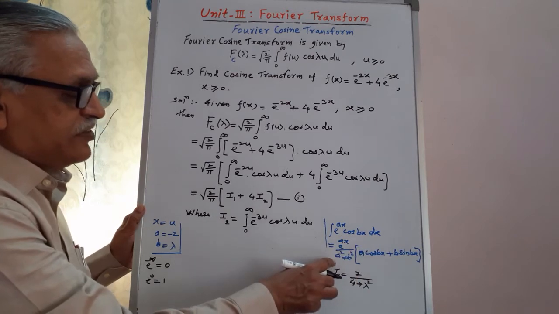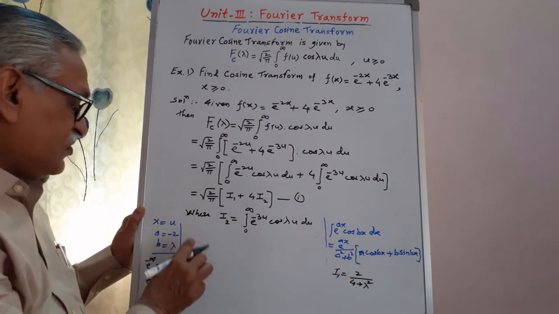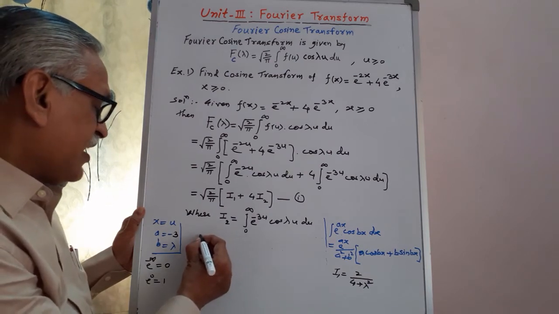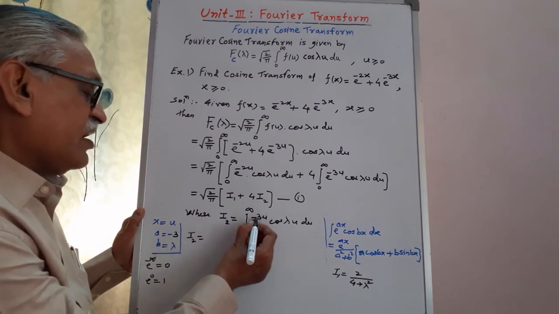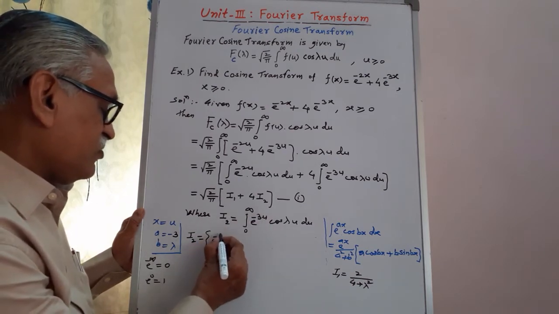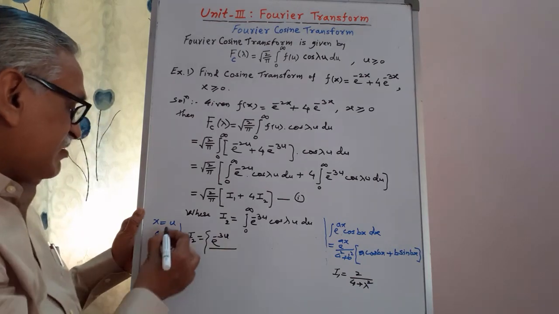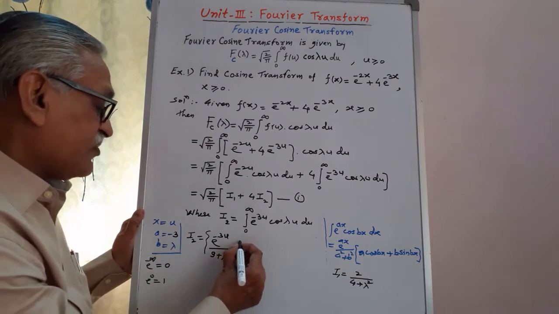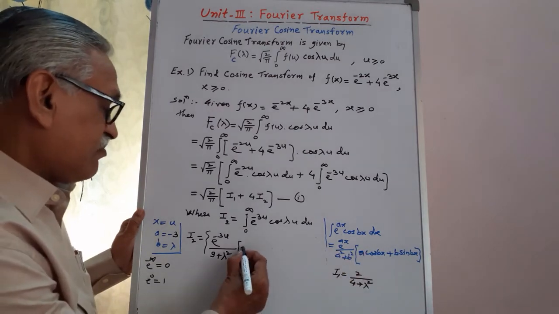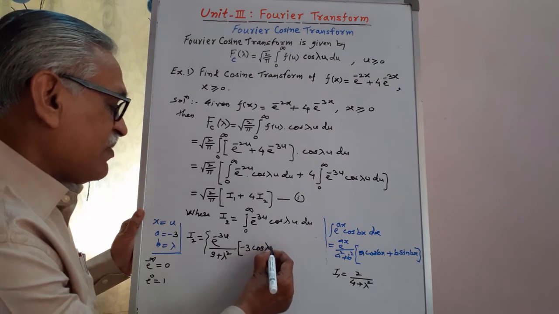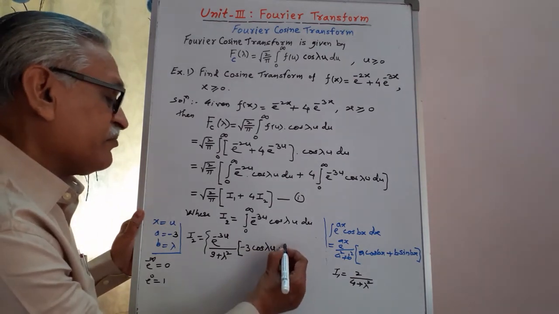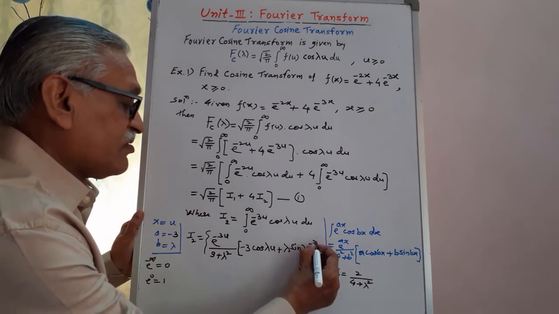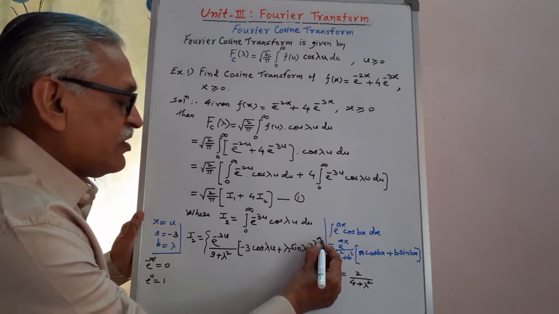Again, using the same standard result, comparing these two, we get x as u, a as minus 3 and b as lambda, and therefore I2 is equals to e raised to minus 3u, a square, minus 3 square is 9, b square lambda square, multiplied by a cos bx, minus 3 cos of lambda u plus b lambda sine of lambda u, limit from 0 to infinity.